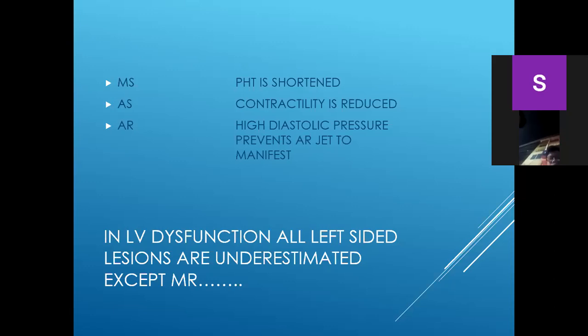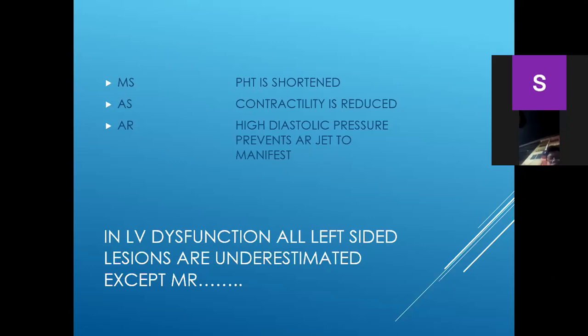Over a period of time, the moment the LA starts to increase in size, it stretches the atrioventricular ring, and this expansion of the atrioventricular ring leads to non-coaptation, a discontinuity, and it leads to leakage of the mitral regurgitation.